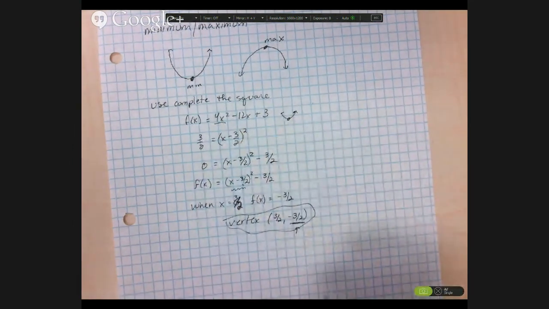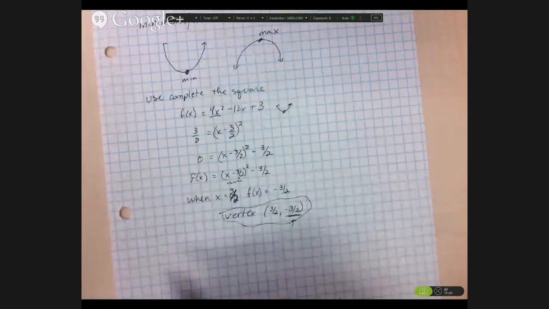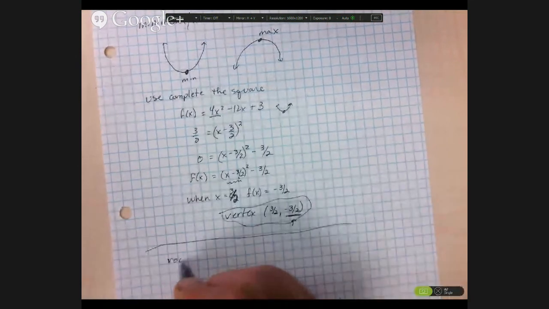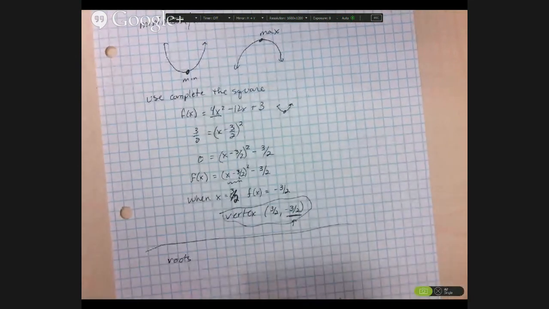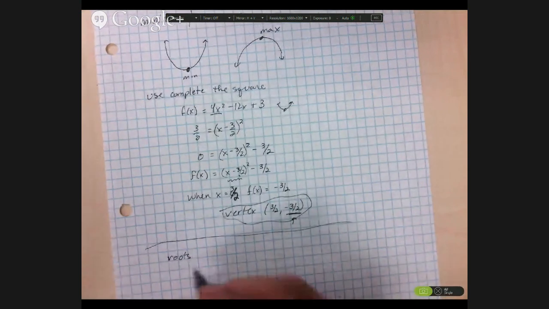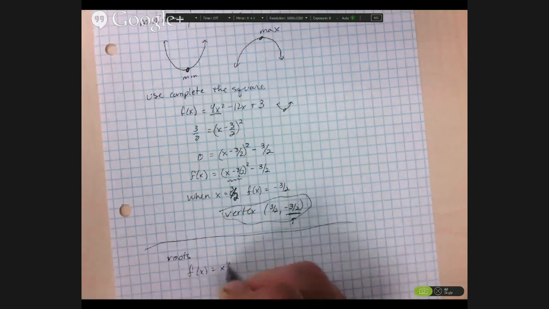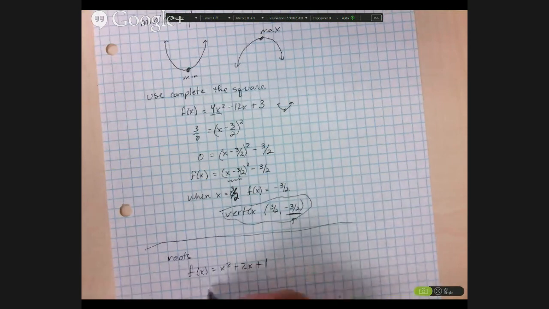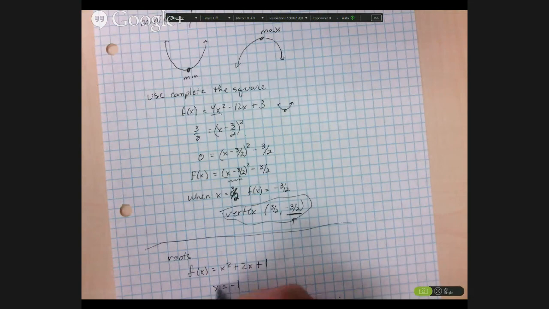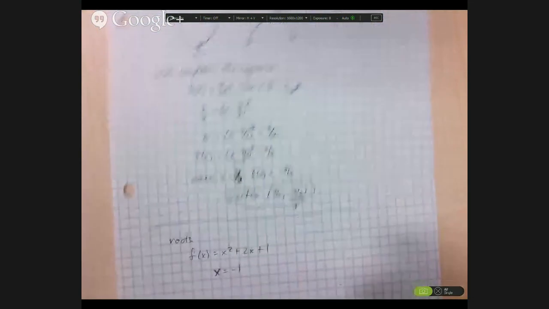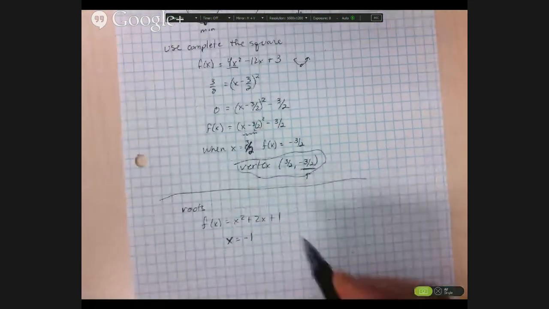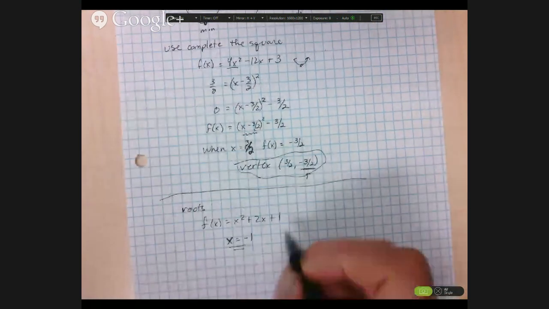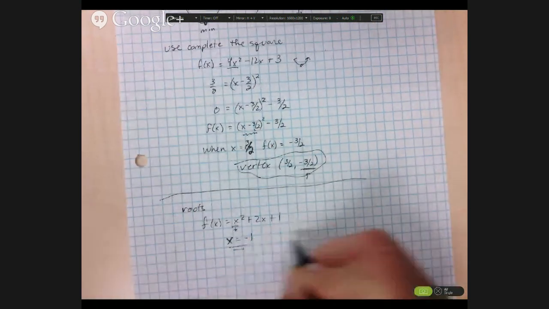Another way would be to use the roots. So if I found that it was, oh, that's a bad one, but we factored, this is the first example from factoring, that this was x equals -1, so that we know that this is positive.